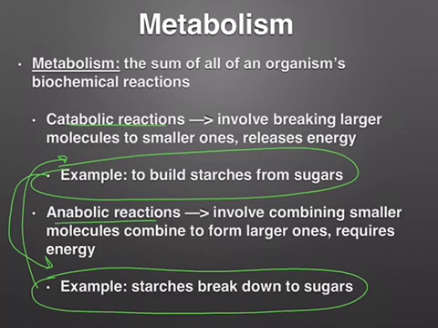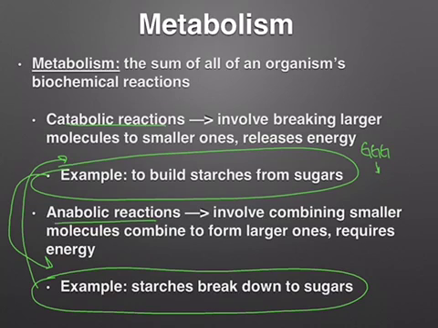Anabolic reactions involve taking small molecules and combining them to form larger ones, and this can only happen if there's energy present. So that would be to build a starch from the sugars. So remember when we talked about your starch being a whole bunch of glucoses bonded together?